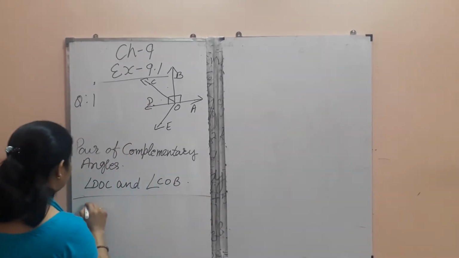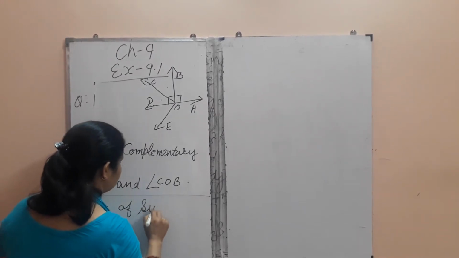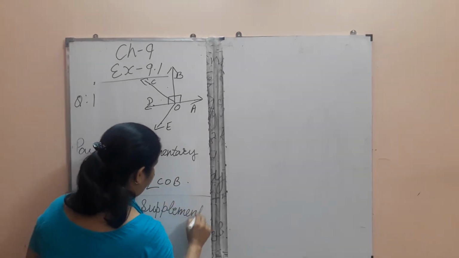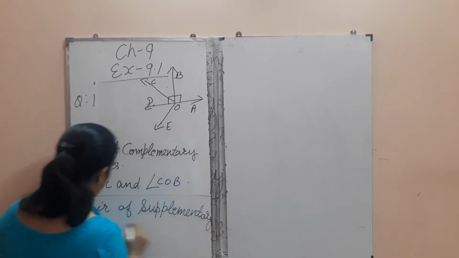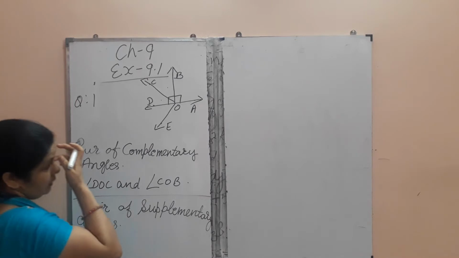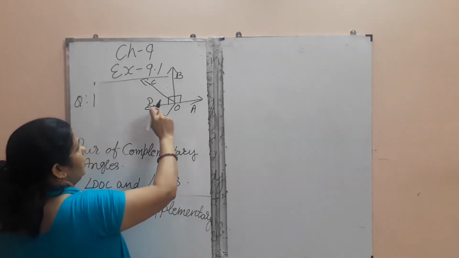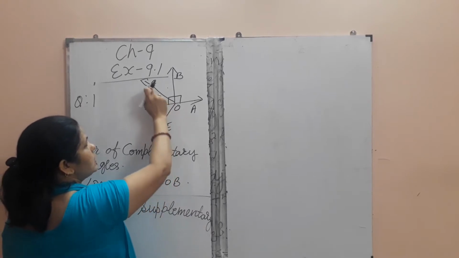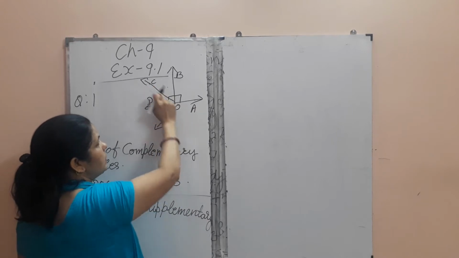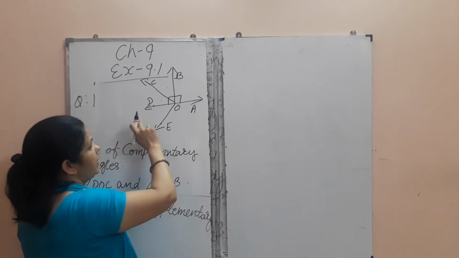Then the pair of supplementary angles. These are two angles which form a supplementary angle. So angle DOC and COA: this angle and this angle make 90 plus 90, 180, and this is a straight angle also.